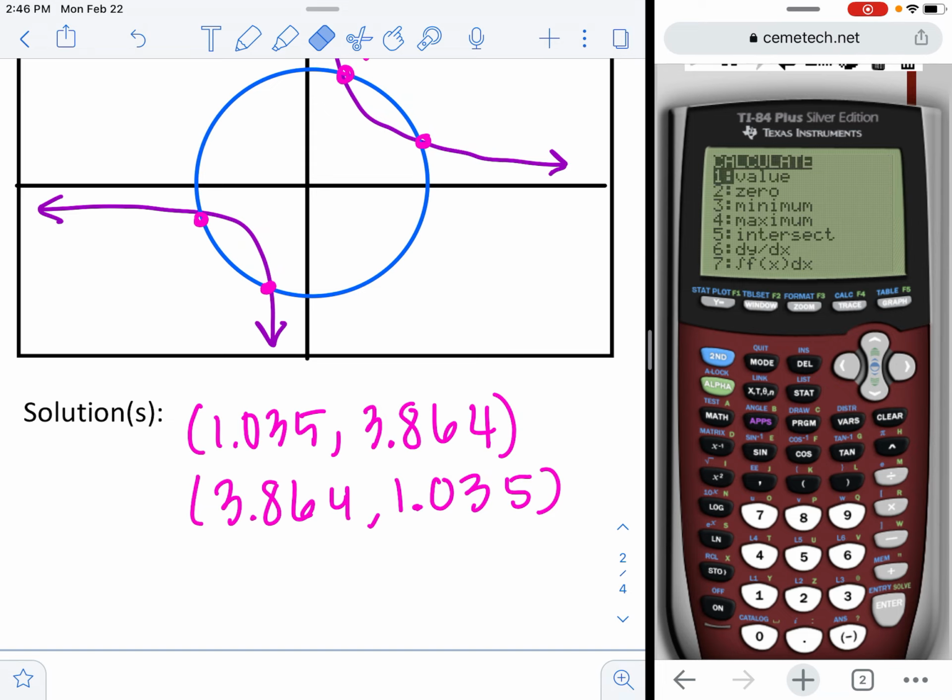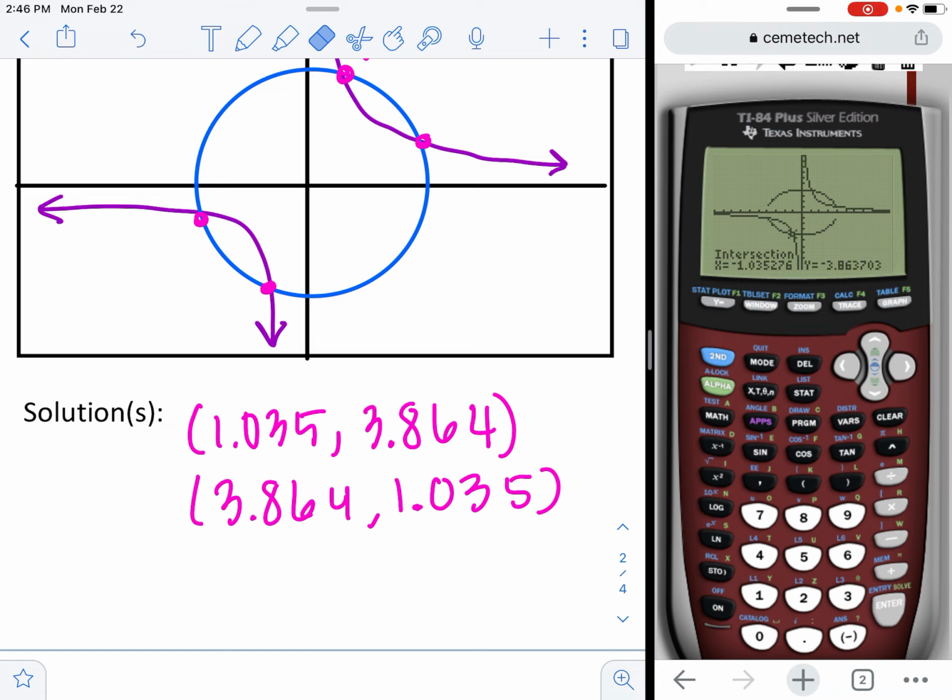Okay. All right, so if you want to find the other two, you can realize that they are symmetric, but if you don't, hit second calculate, option number 5, which is intersection. I'm on Y1, and that's fine because I still need to be on Y1, but I need to be on that other piece on the left. So I'm going to keep toggling to the left until it pops up there. Okay, so now I can find any of these points. I was closer to this one first, so I'll find that one.